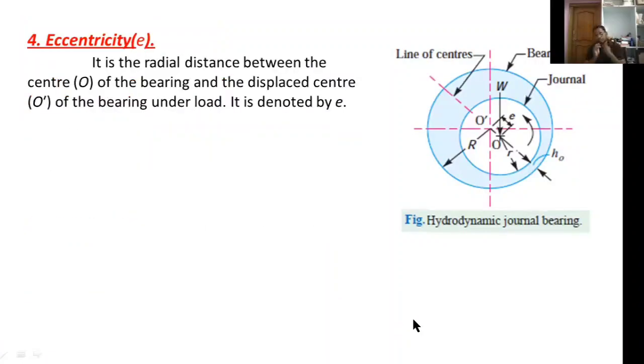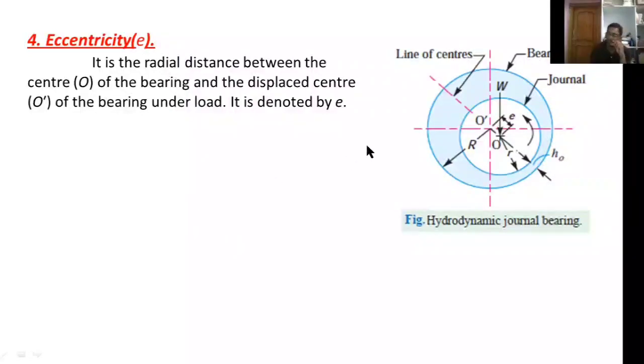Now coming to another one, that is eccentricity. Already I have explained eccentricity, but once again I will explain. It is the radial distance between the center O of the bearing and the displaced center O dash under load.